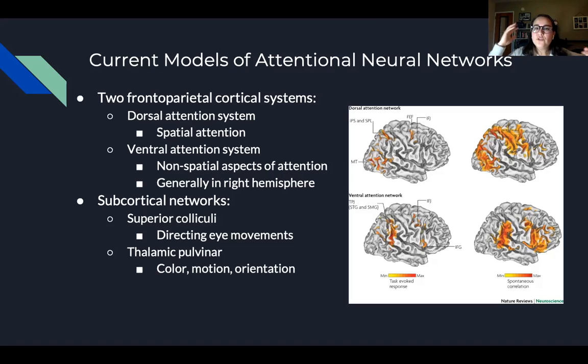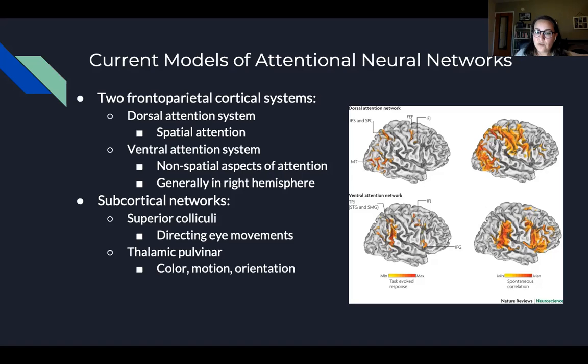Yeah, so there are these two systems operating within the frontal and parietal lobes. One, we have the dorsal attention network or system. This is primarily concerned with our spatial attention, so paying attention to the 3D world around us, right?